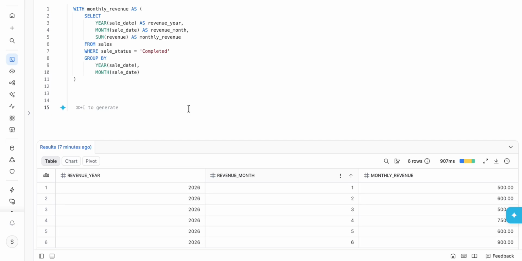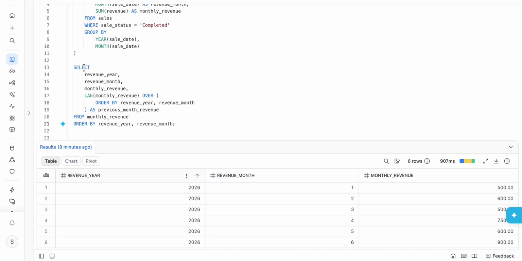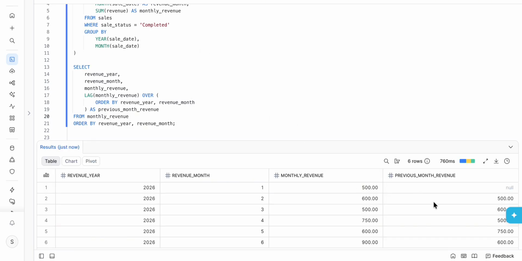So let's take a look at how we are adding a LAG. Here after the CTE, I'm selecting from the CTE and adding a LAG: LAG(monthly_revenue) OVER (ORDER BY revenue_year, revenue_month). Let's run this query. Now look at February.